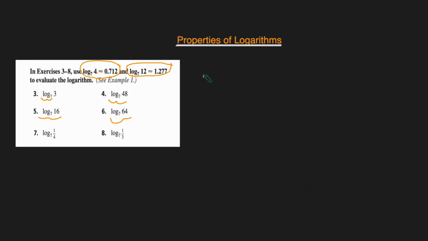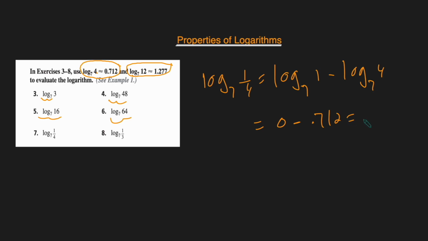Problem number 7, log base 7 of 1 over 4. Switch that to a subtraction: log base 7 of 1 minus log base 7 of 4. Log base 7 of 1 is 0, minus 0.712. That's going to give us negative 0.712.